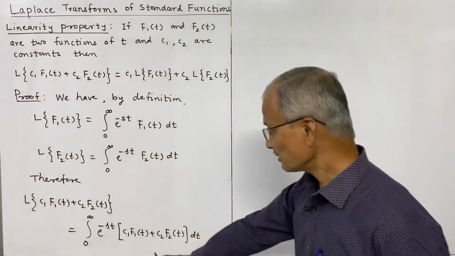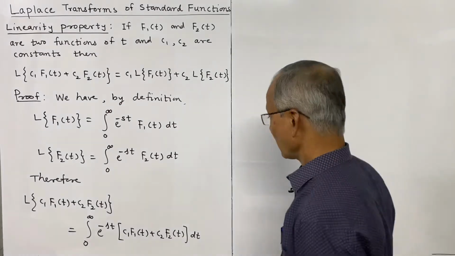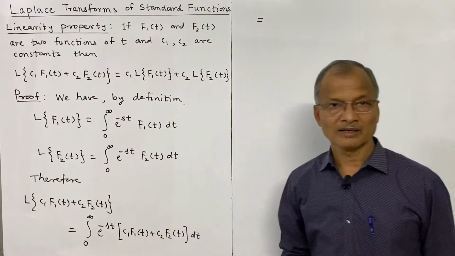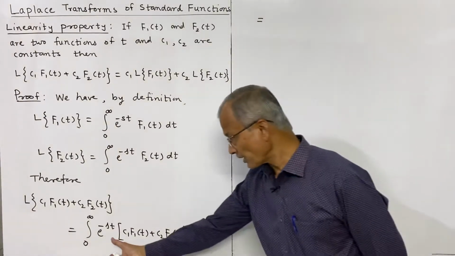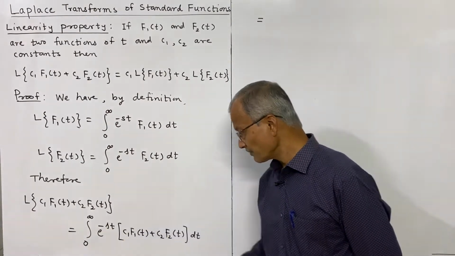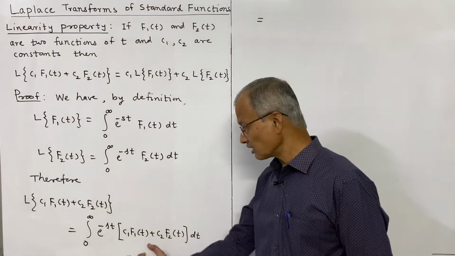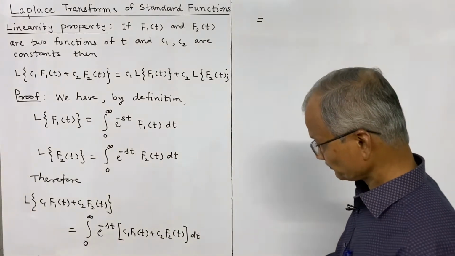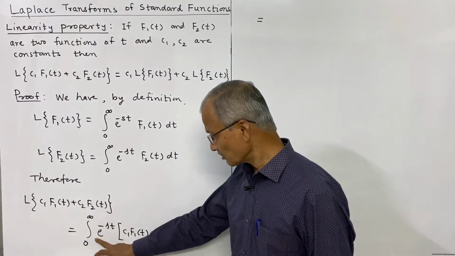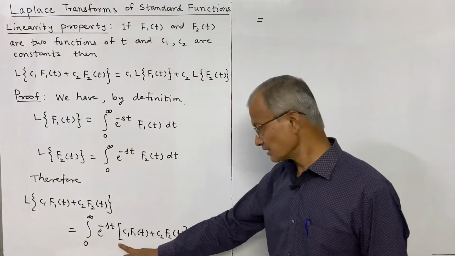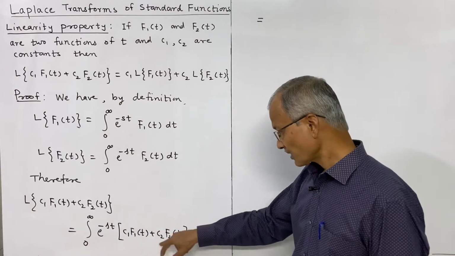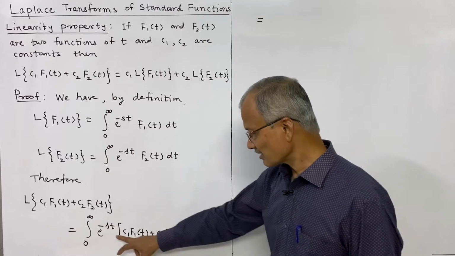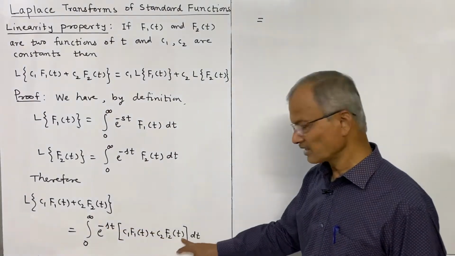Now we have to evaluate this right side integral, and we can use the properties of definite integral to evaluate it. This function is multiplied by the kernel e to the power minus st. So we can write this as integral 0 to infinity e to the power minus st into c1 f1 into dt plus e to the power minus st c2 f2 dt.